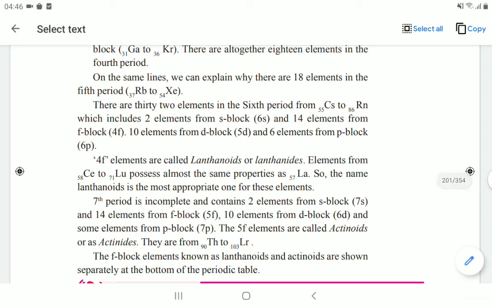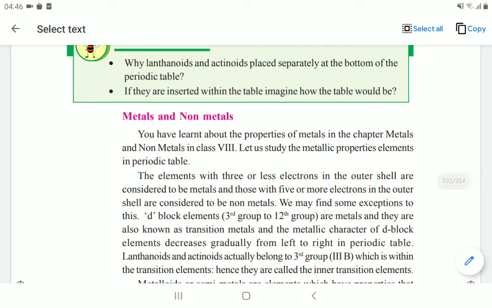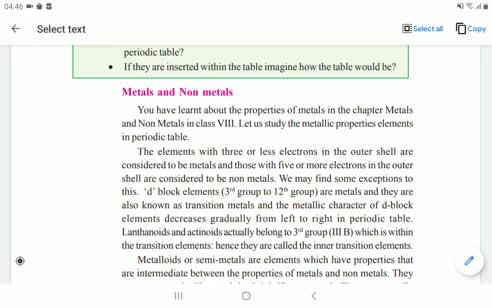Here we have already learned some properties of the metals. Elements with 3 or fewer electrons in the outer shell are considered to be metals. So the elements which have 3 or fewer outermost shell electrons will be considered metals, and the elements which have more than 5 valence electrons will be considered non-metals.